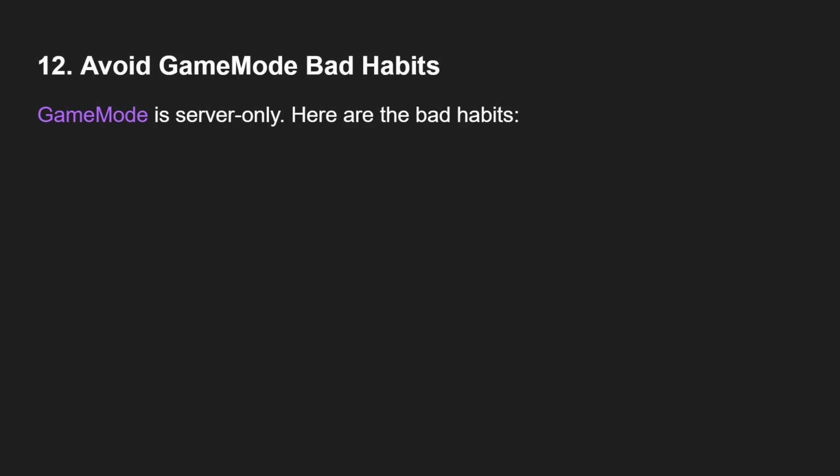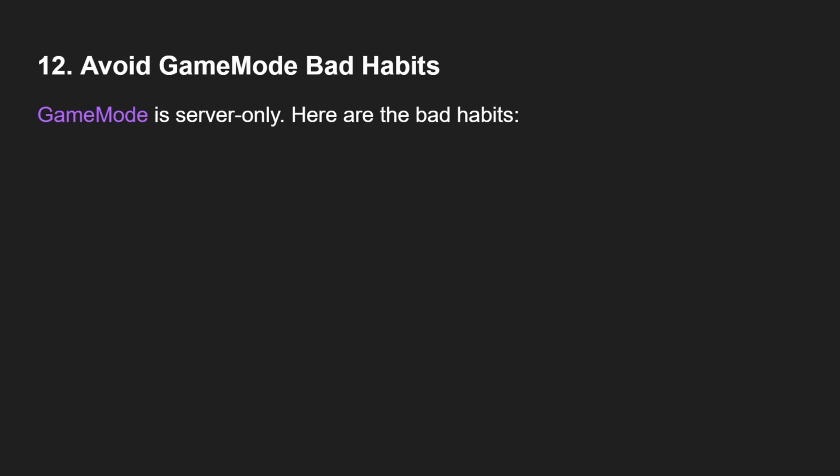Okay, so tip number 12: avoid game mode bad habits. With the game mode actor, I've seen too many bad habits, literally everywhere. These bad habits happen for the simple reason that people are not aware that game mode is server only. It only exists on the server, and of course it makes sense considering game mode is the one that dictates rules in the game.